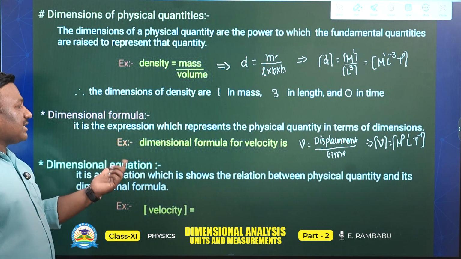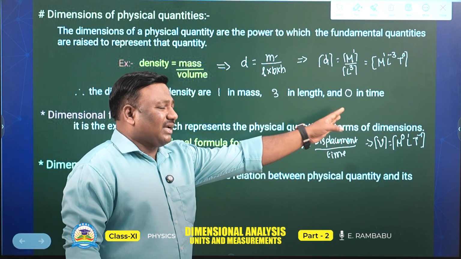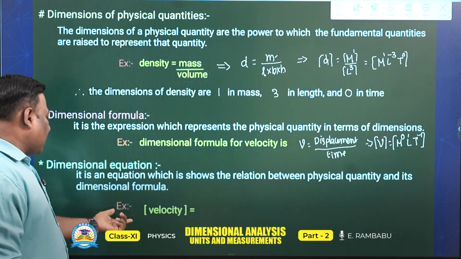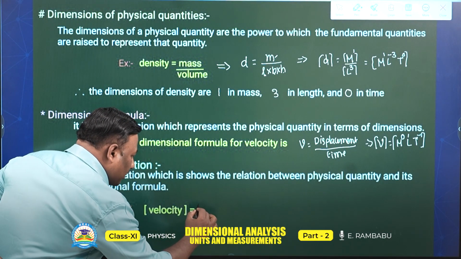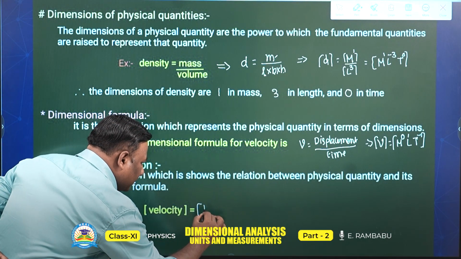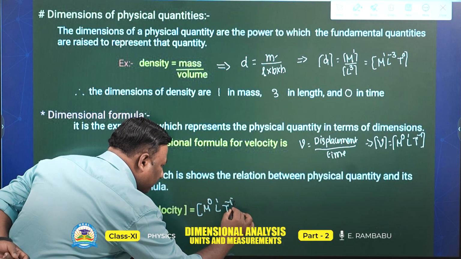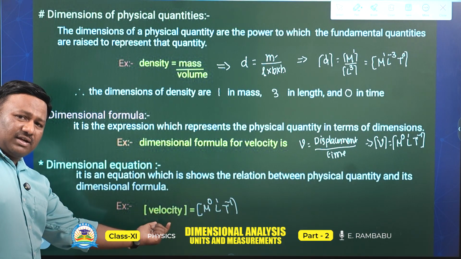Next one is the dimensional equation. Dimensional equation is nothing but equating the dimensions to the physical quantity. So here I want to take the dimensional formula for velocity. The dimensional formula for velocity is M to the power 0, L to the power 1, T to the power minus 1, because here velocity is the physical quantity.